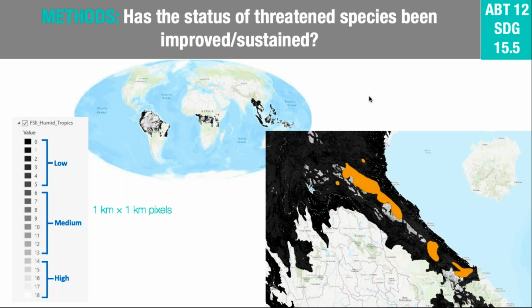So for the saola, we determined the number of pixels in three categories, that is low integrity, pixel values ranging from 0 to 5, medium integrity, which is pixel values ranging from 6 to 13, and high integrity, which is pixel values ranging from 14 to 18. And then we calculated the total area in square kilometers in each of these three categories. Next slide, please.